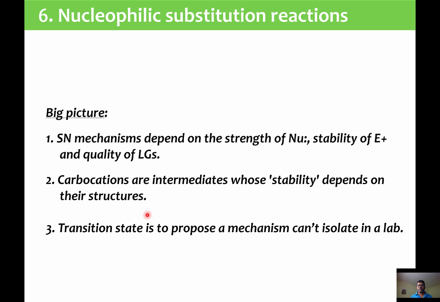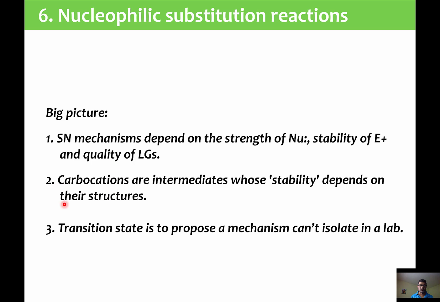Like I said, we will be talking about the strength of the nucleophile, the stability of the electrophile, and the quality of the leaving group, and we will be ranking all of them for reactivity and stability, and why it's important for ranking. Then we will talk about carbocation intermediate stability, depending on the structure. This is linked to the SN1, but it's important to understand for both mechanisms.